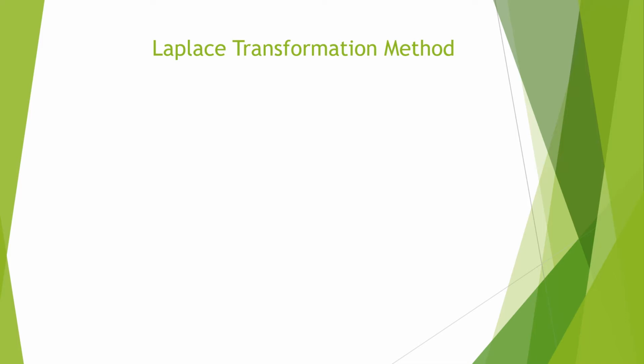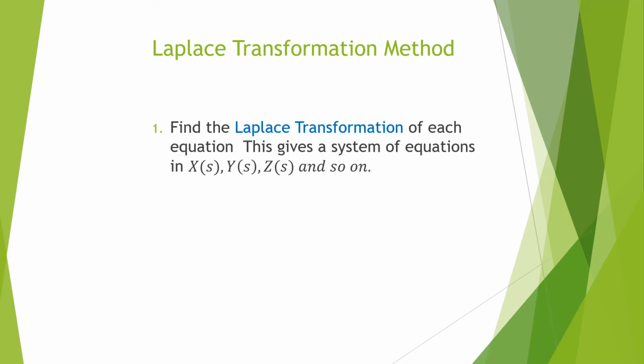When you're solving a system of linear equations using the Laplace transformation method, there are three steps to remember. The first one is you have to find the Laplace transformation for each equation in that given system. So that will give you equations in terms of x of s, y of s, and z of s.